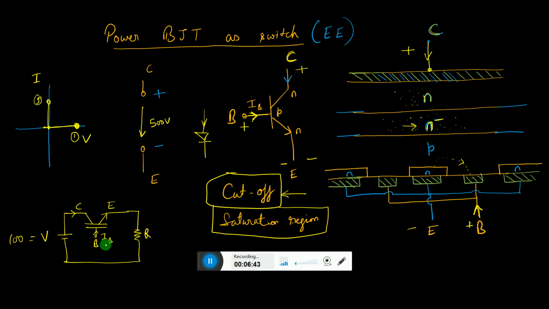And if the base current IB is there, this will act as a short circuit and the current will be there. The voltage across the collector and emitter will be zero. Not ideally zero, but actually there will be some very little drop. So we will have a current over here and very little voltage, so we can get a dot at this point.